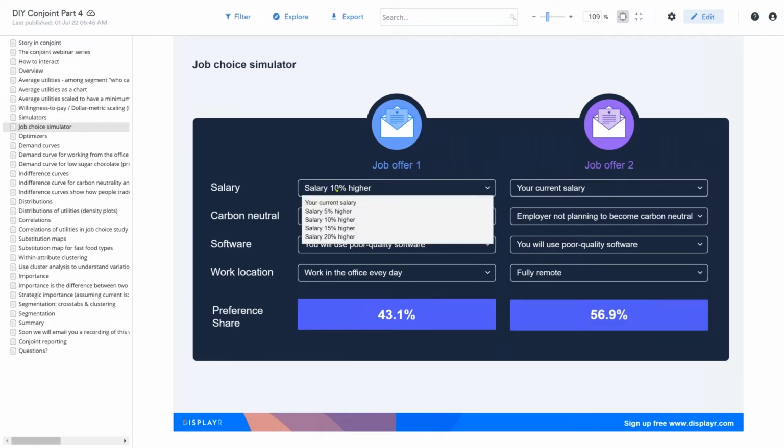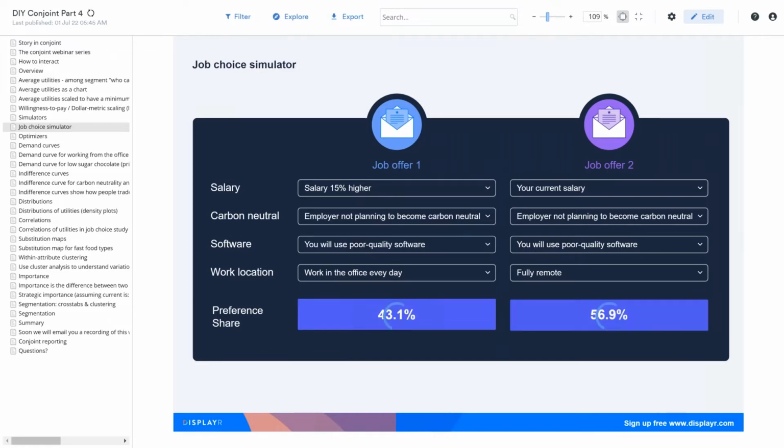Still not enough, 15%. Okay, so if we want people to return to work, the price to make them on average not feel inconvenienced is a 15% pay rise. It's North American data, a representative geographic sample.